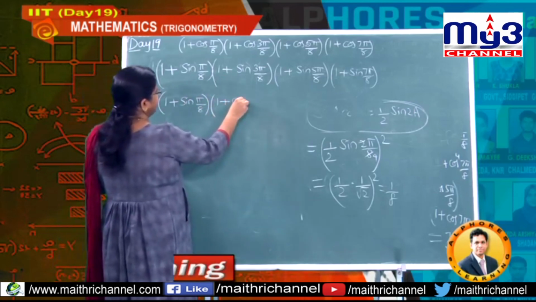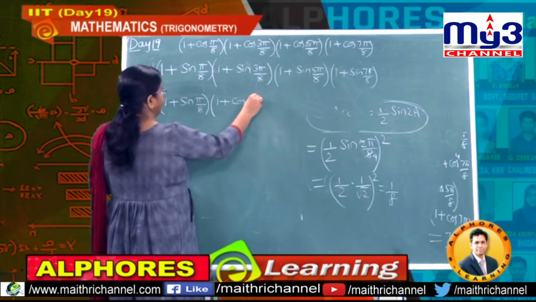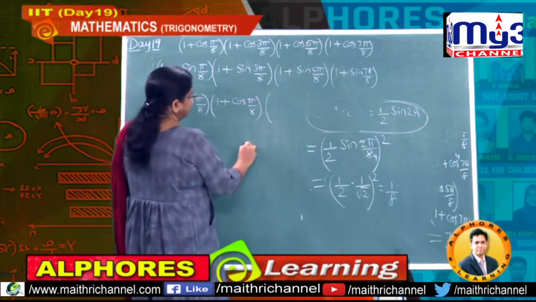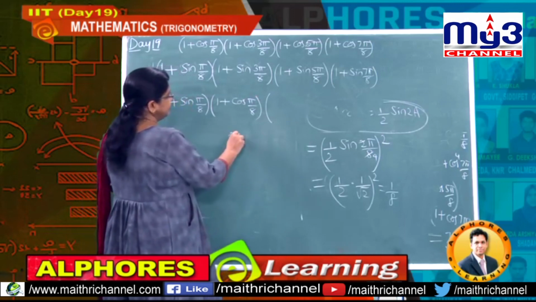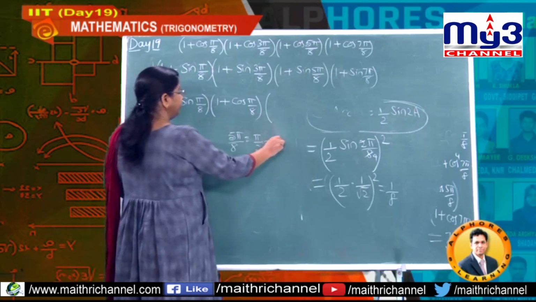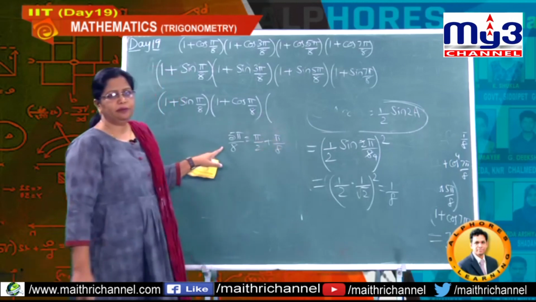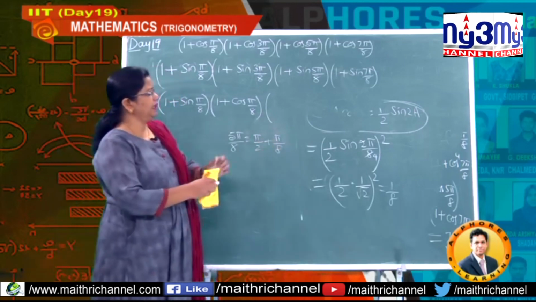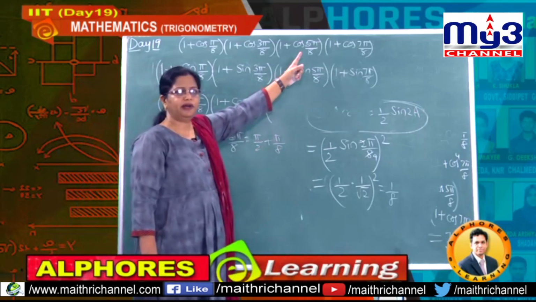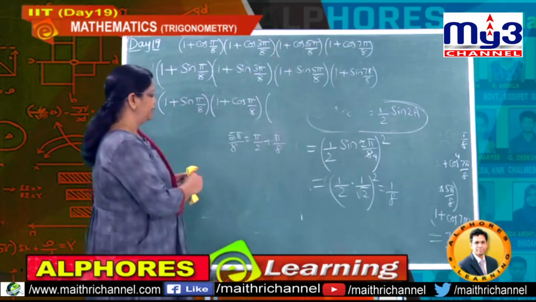It is 1 plus cos pi by 8, no doubt up to here. Now what about here? 5 pi by 8 means you have pi by 2 plus pi by 8. Now for pi by 2 plus pi by 8, which function are you going to take here? Sin. Whereas for the previous problem you took cos, but now it is sin.